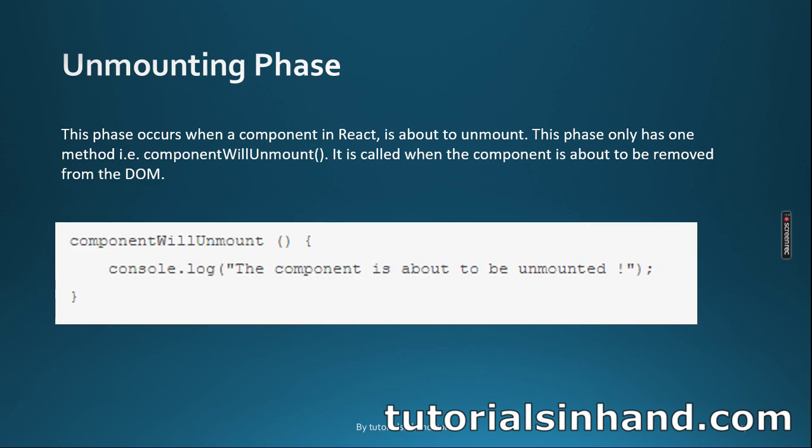Okay. Now, a few things which I would like to clarify. First of all, and the most important point, these different phases and these different methods in each of these phases are only used in React class components. In function components, you need not use them because their way of coding is different. Okay. The second thing is that not all methods in all phases are mandatory.